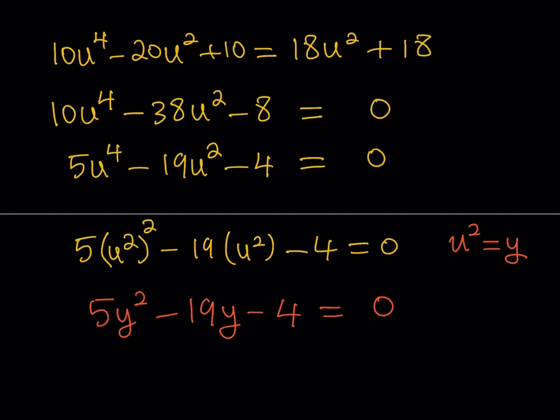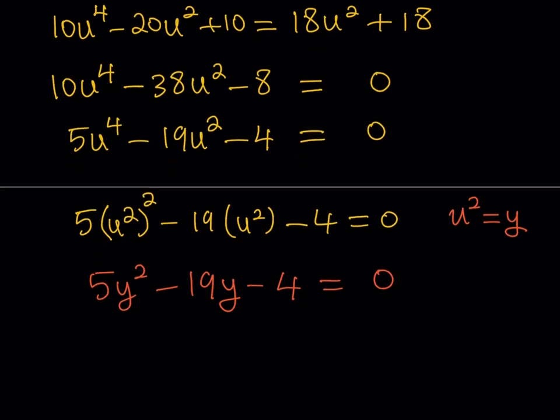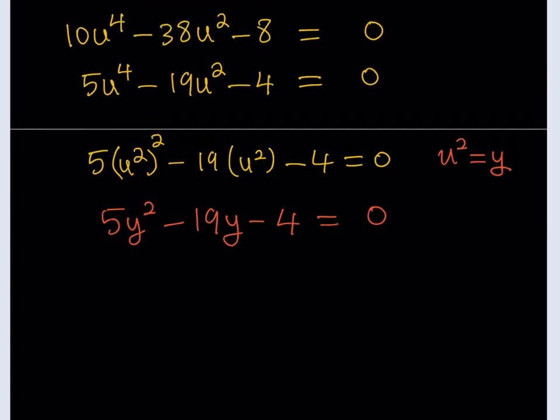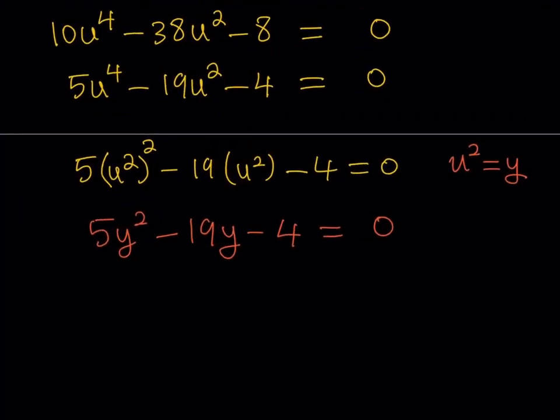You can try factoring it, and it's factorable, but I'm going to use the quadratic formula. Why? Because I like it better. And obviously, you can try for factoring here, but if you use the quadratic formula, then this is going to look like y equals negative b, which is 19, plus minus the square root of b squared, which is 361.